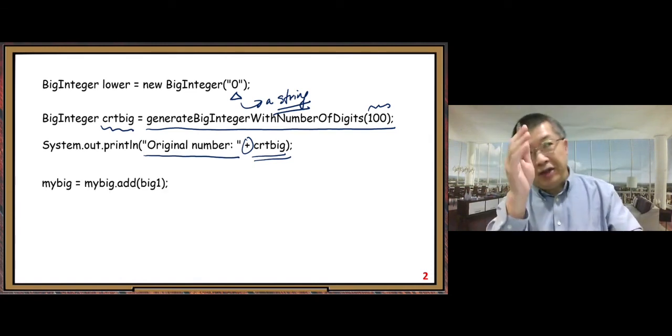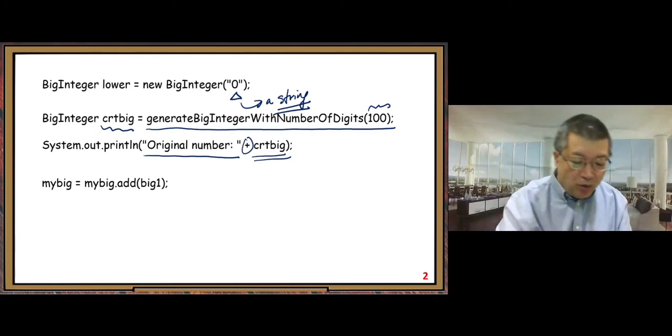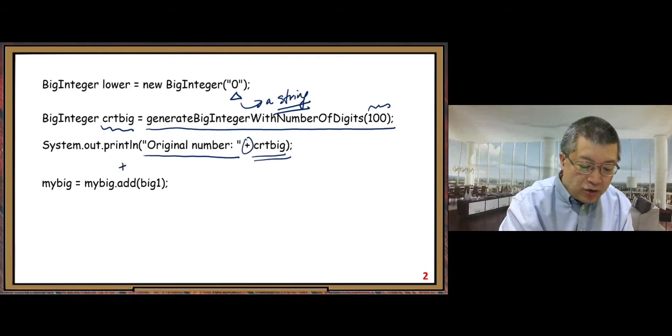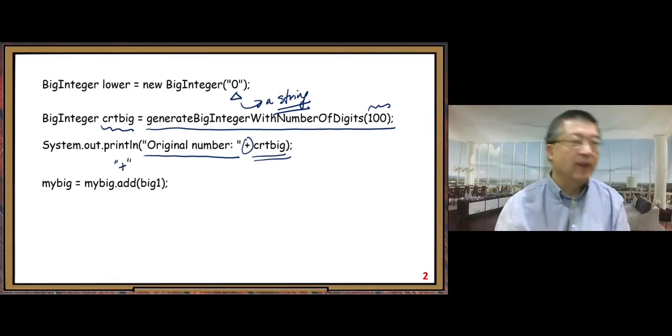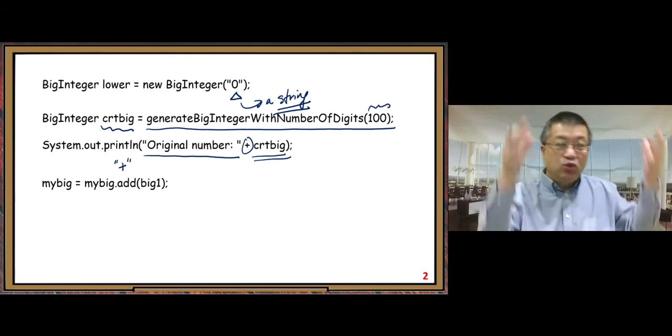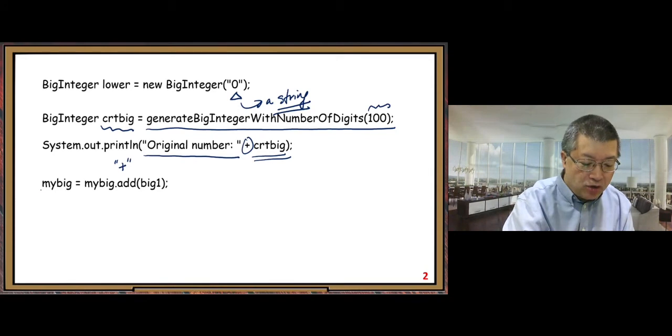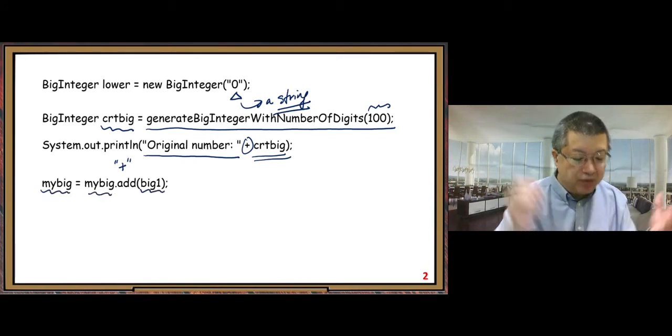Next, basic operations. When you need to do addition, we do not use the usual plus sign, because each variable is a BigInteger object.